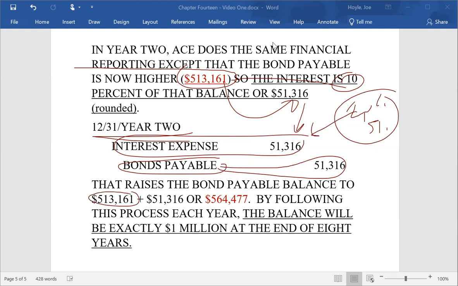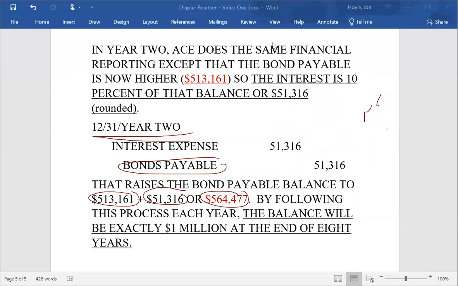At the beginning of year two, it was $513,161. You just compounded $51,316. You recognized it, but you didn't pay it. So therefore, the bond payable on the end of year two balance sheet is $564,477.